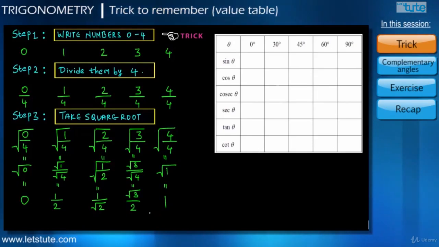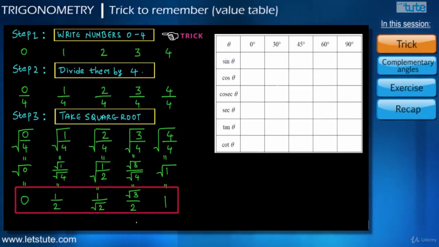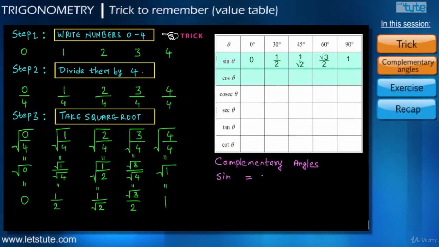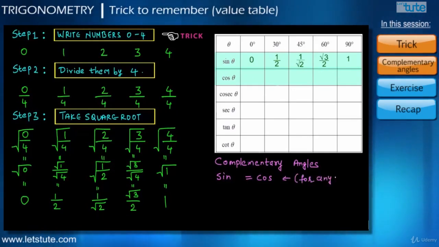And we will realize that the values which we have got are the values for sine 0, 30, 45, 60 and 90 degrees angle. Once we know the values of sine, to get the values for cos, we use the concept of complementary angles, which says that the values of sine and cos are same for any two angles whose sum is 90 degrees.